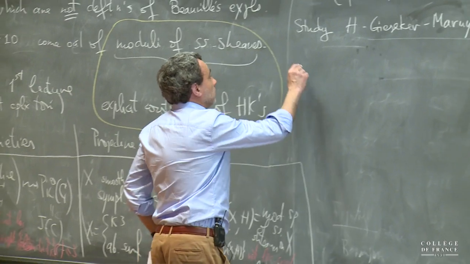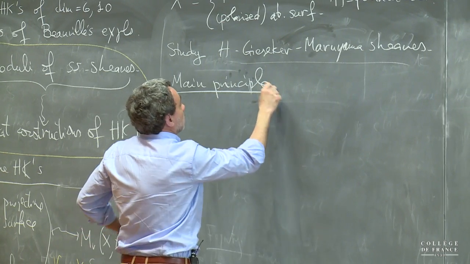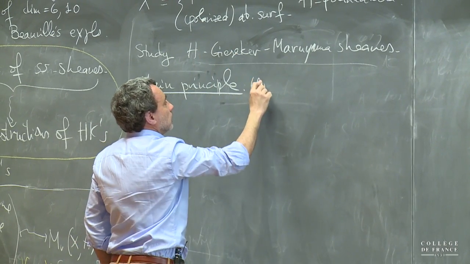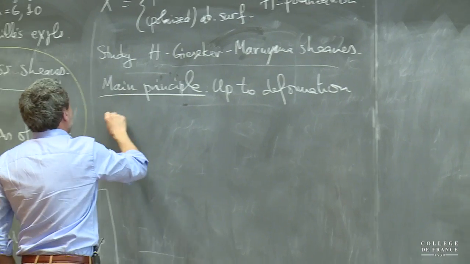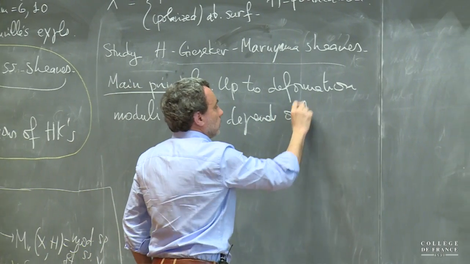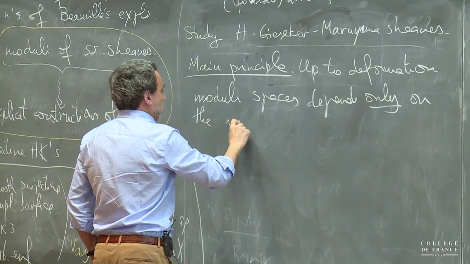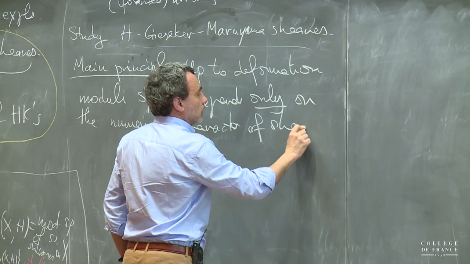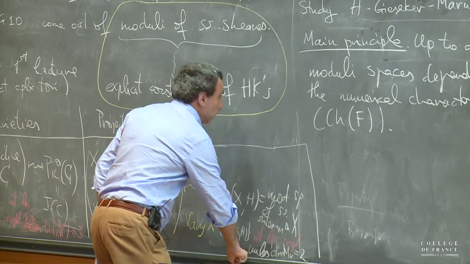Okay, and so the main principle, I think here, I mean a posteriori, is that if we look at these moduli spaces up to deformation, they depend only on the numerical character of sheaves, I mean, say, the Chern character.